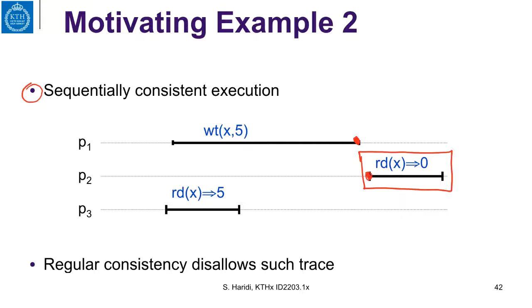At this point we have seen executions that are sequentially consistent but not regular, and here we have seen executions which are regular but not sequentially consistent. So now let us compare linearizability with regular executions and with sequentially consistent executions.